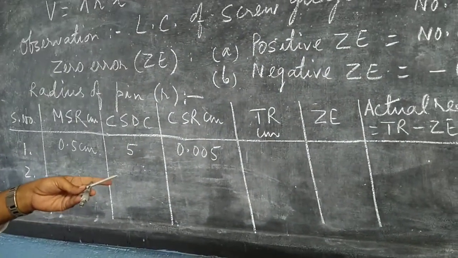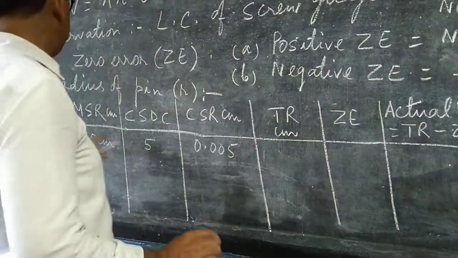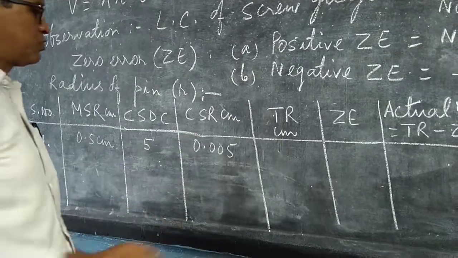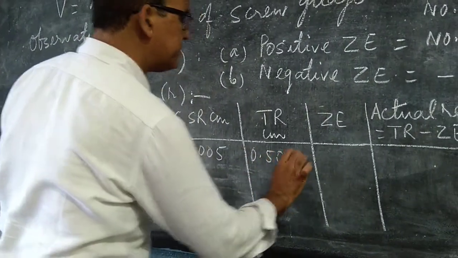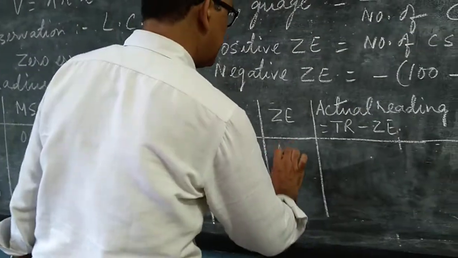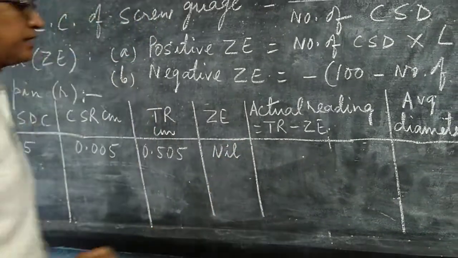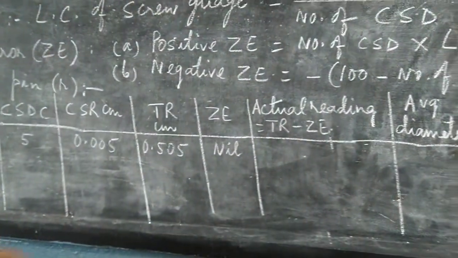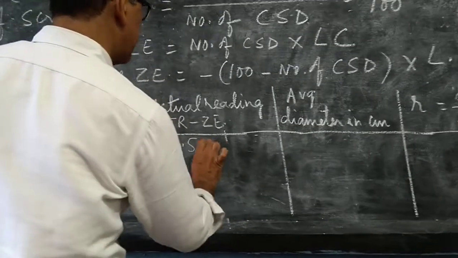Now for the total reading, we add the main scale reading and the circular scale reading, 0.505. There is no zero error. So the total reading, as there is no zero error, will be 0.505.